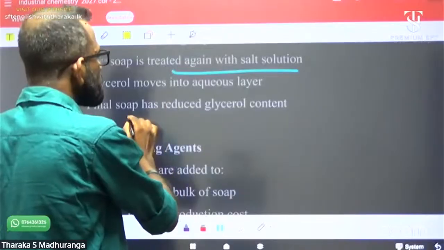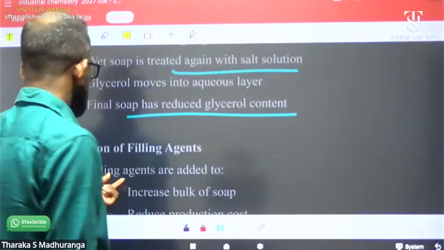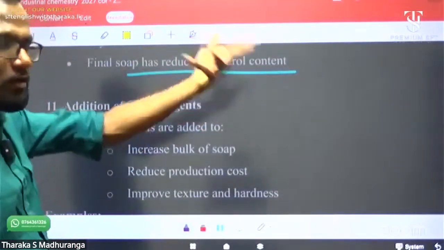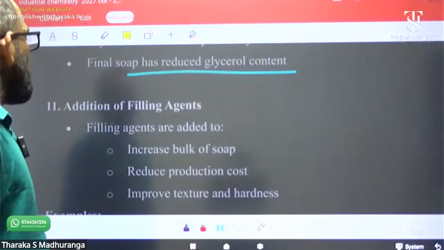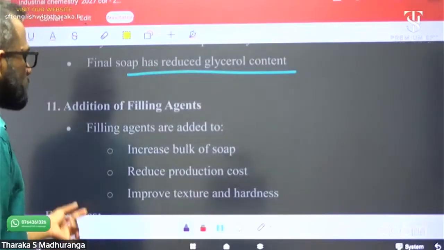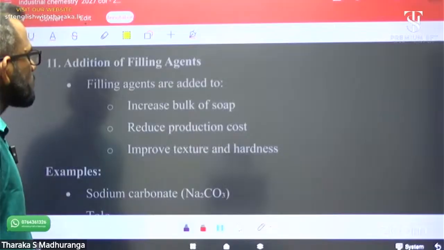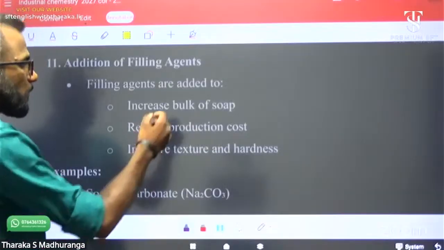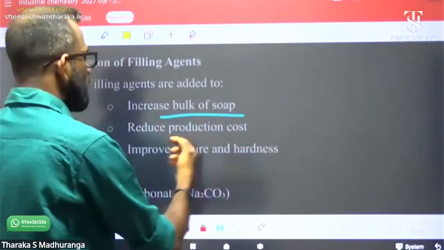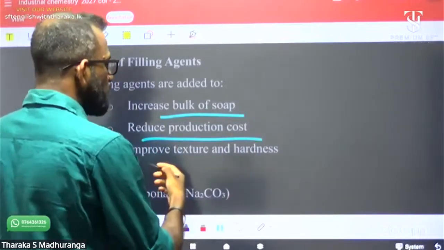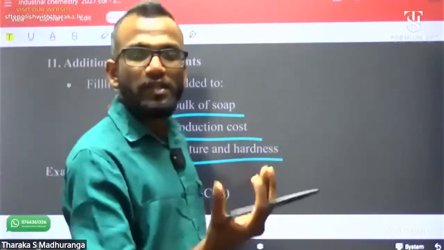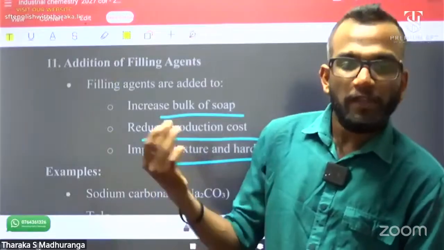Finally, the soap has reduced glycerol content. Finally, the remaining part also we can separate. Addition of filling agents. Filling agents increase the bulk of the soap, that means quantity, reduce production cost, improve texture, and the quality of the soap is maintained by filling agents.